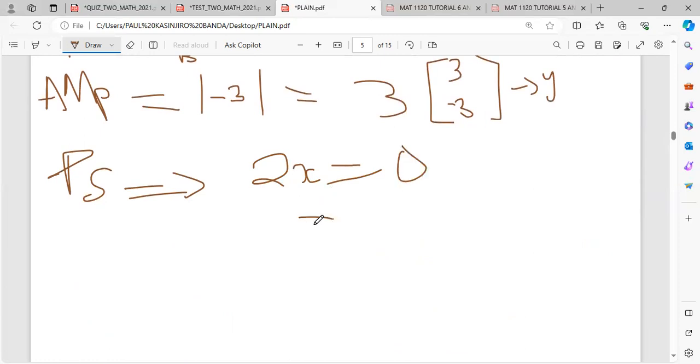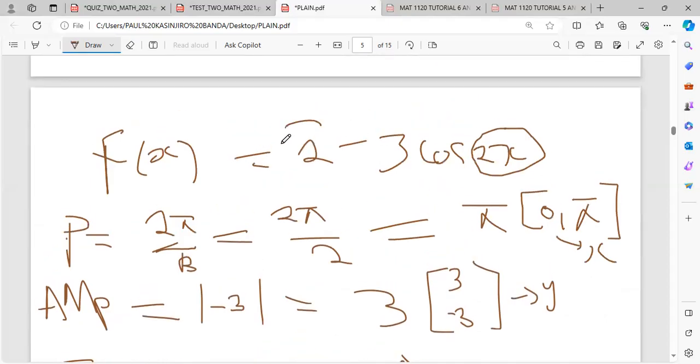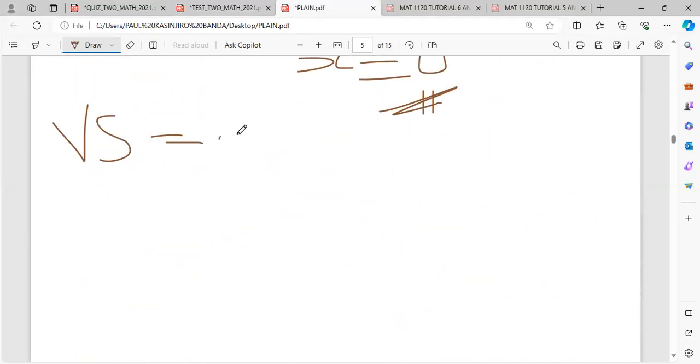Then meaning here when you find x, x is going to be 0. So this is x equals 0. Then after that, you are going to find the vertical shift. We said you just get the number that is alone here. Sometimes they write it plus this side or minus this side. So the 2 there is the vertical shift, and it's going up.